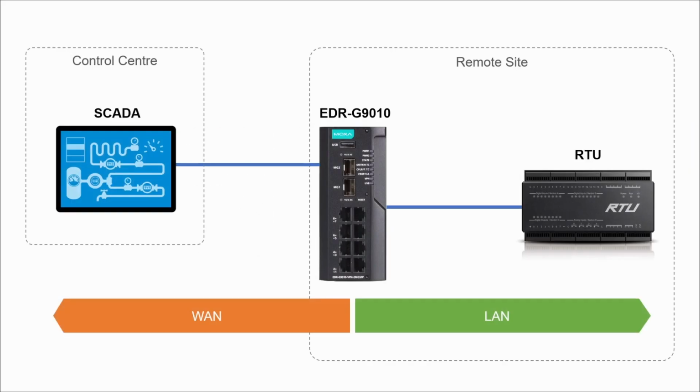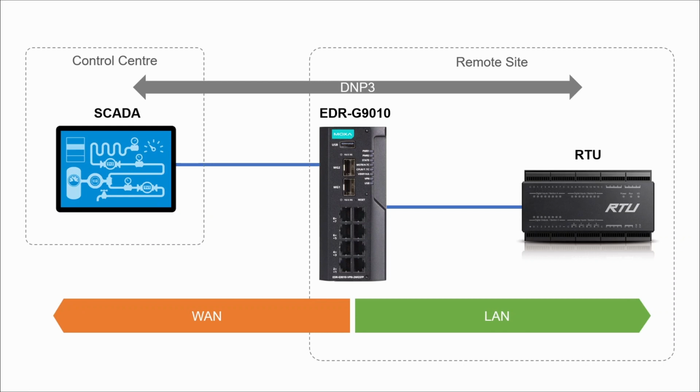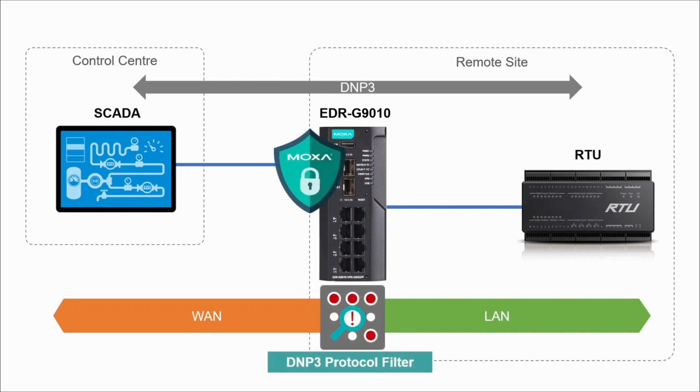Just to recap, we successfully established a connection from SCADA to RTU using a router and features like WAN interface, NAT N-to-1, and port address translation. And after that, we improved cybersecurity using firewall rules with a DNP3 packet filter that allows only the traffic that we expect and drops everything else.